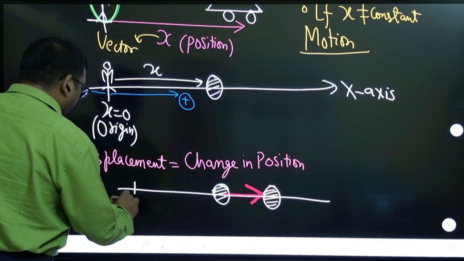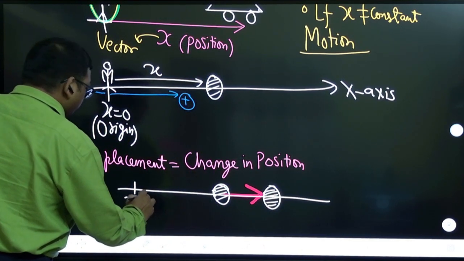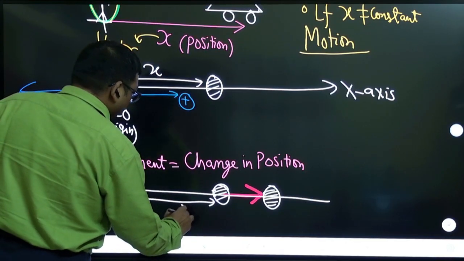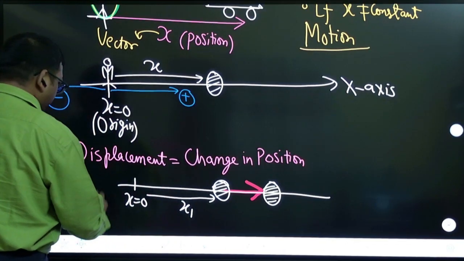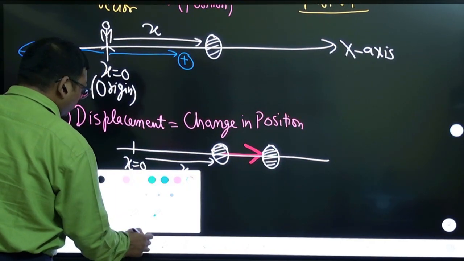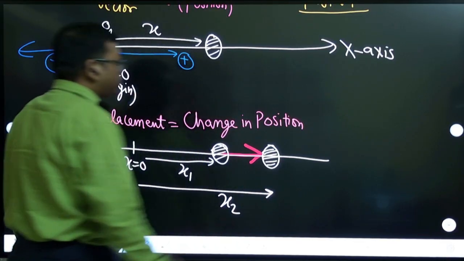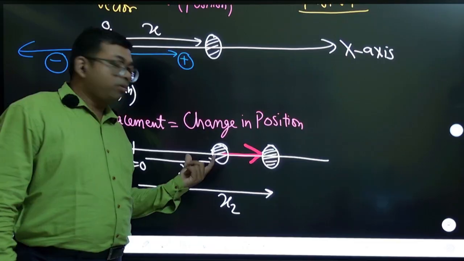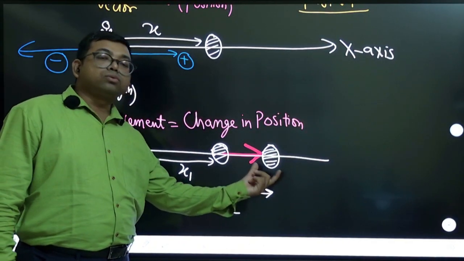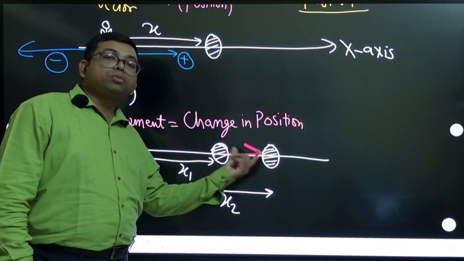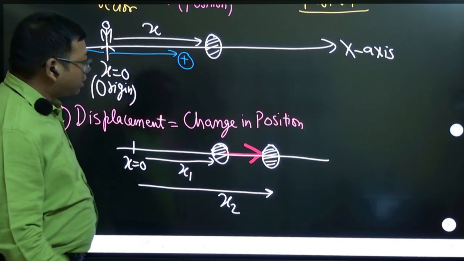So this was the origin 0. From here this position was x1 and this new position is x2. So the body has moved from position x1 to position x2. So what is displacement?